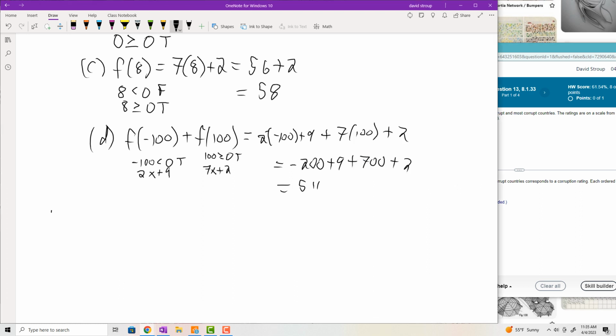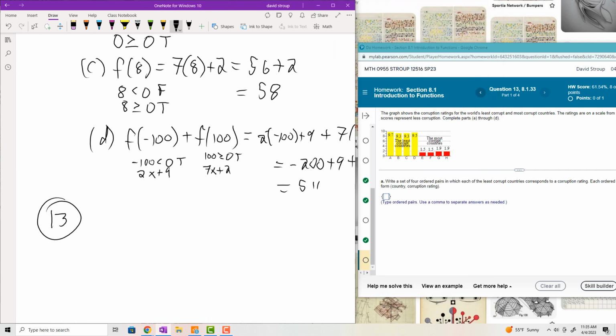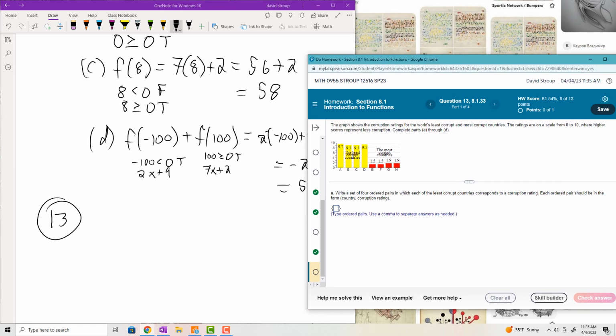Oh, and then we have some story problems. They want you to represent the data as a relation. Basically, just write it as a set of ordered pairs. In particular, they want you to write a set of 4 ordered pairs in which each of the least corrupt countries corresponds to a corruption rating.